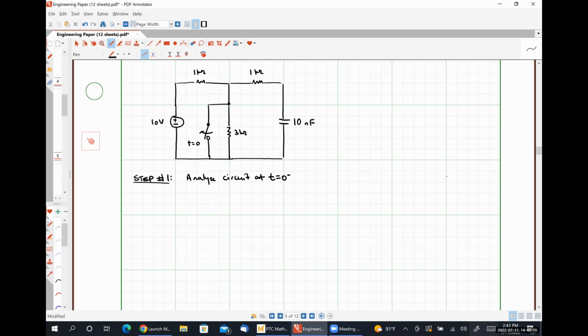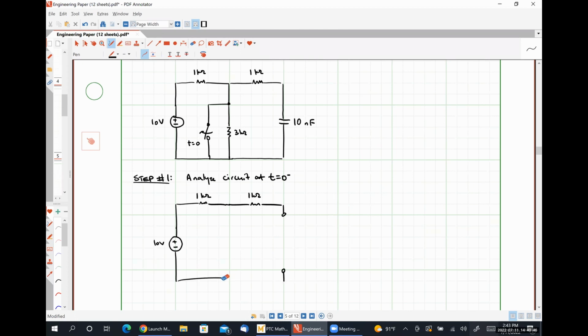At t equals 0 minus, our switch is also closed. So what we're going to have is this. Here's our 10-volt source. Here's our 1 kilo ohm resistor connected to the other 1 kilo ohm resistor. Here's the open circuit that's representing our capacitor.